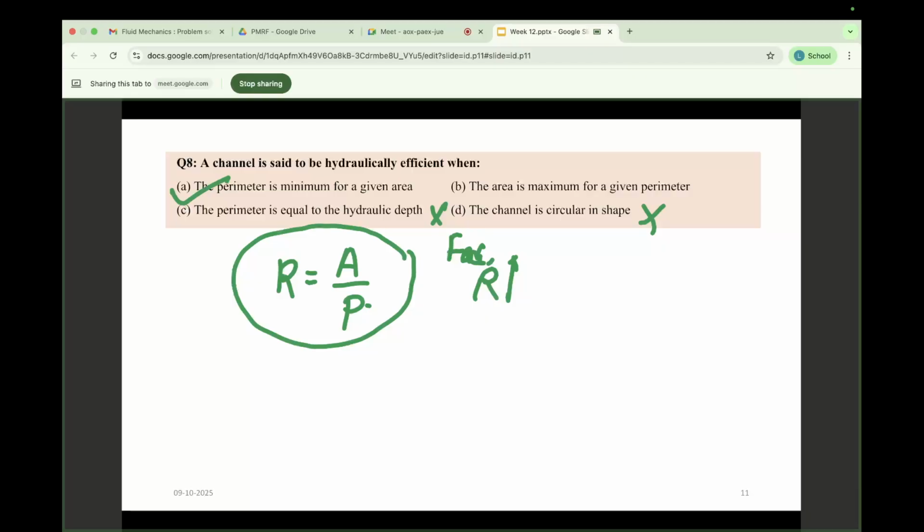If the perimeter is less, that also implies less friction and a more efficient channel, right? Using the hydraulic radius formula and the fundamental concept, we get the correct answer, option A.